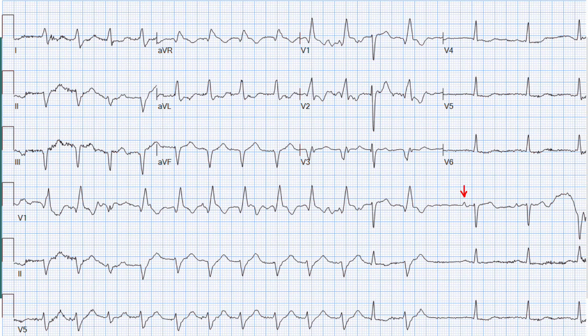I do see some high-frequency deflections outside of the bounds of the QRS. Remember, we can't call P waves within the QRS. I often put my three-prong calipers at the beginning of the QRS in any lead and at the end of the QRS in any lead to make sure the P wave is outside of that, and it is. I see this high-frequency deflection, and I also see this one that's also outside of the bounds of the QRS. So now I have two suspect sinus P waves.